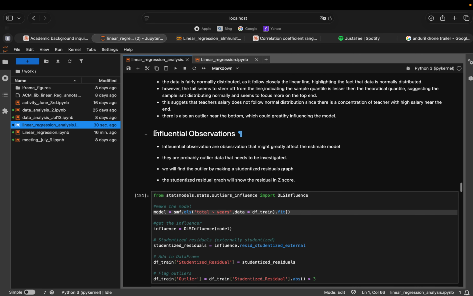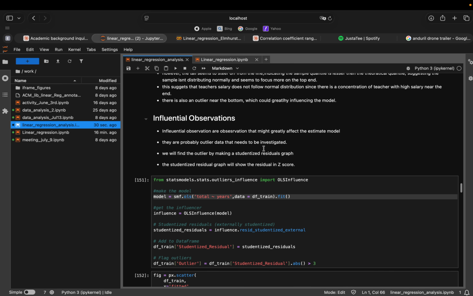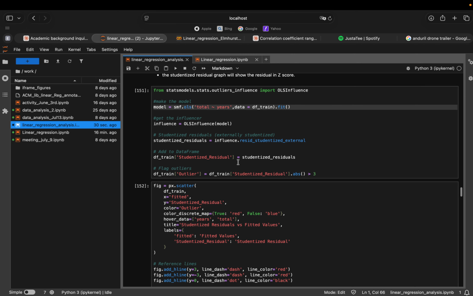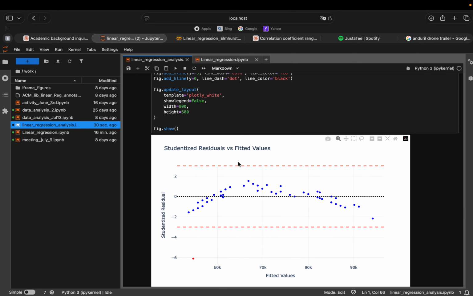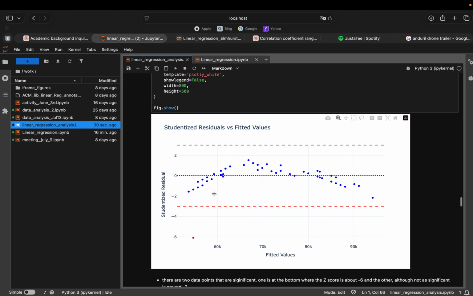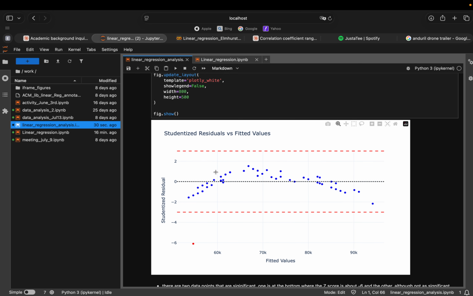So now I want to check the influential observations, so any data points that might affect the model the most. I use the studentized residuals versus the fitted values graph, and so this shows the standard deviations of the residuals, and I noticed that there are potential outliers right here.